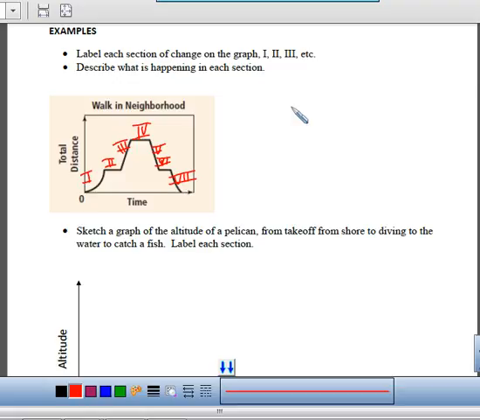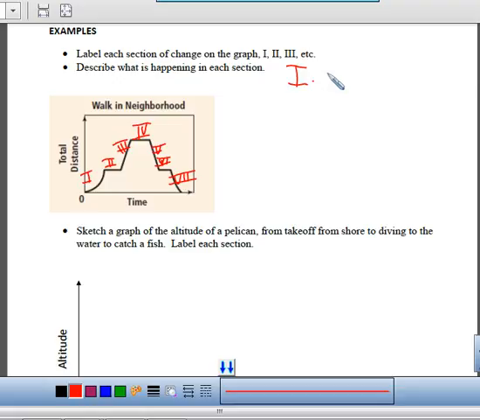Alright, so we've got total distance, and it starts at 0 and it goes up, so that's increasing. So if I'm talking about section 1, the distance is increasing as the time is increasing. There is no constant rate though.